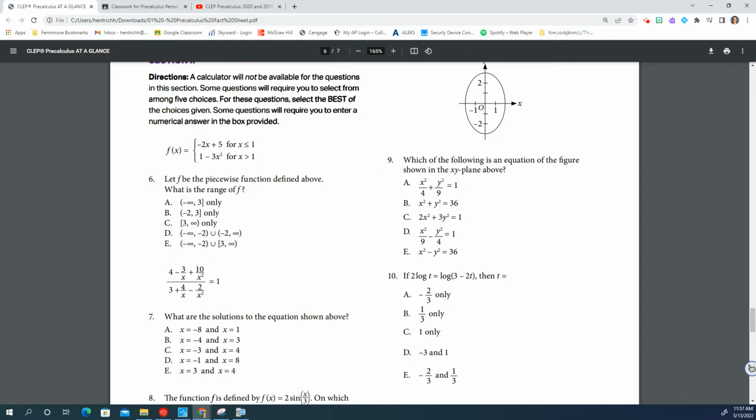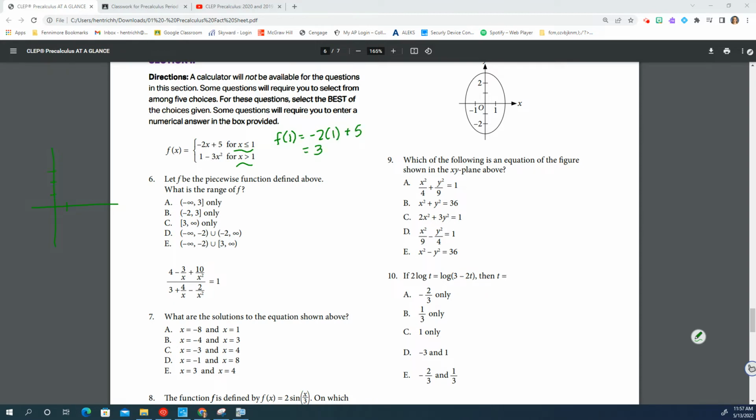All right, so I have a piecewise function here, a linear piece and a quadratic piece, and they're asking me for the range. So I'm going to probably draw a little picture here. It always helps to have a visual. And what I like to do is look at the little break here and figure out, okay, where does my line start here when x is 1, and we get out 3.